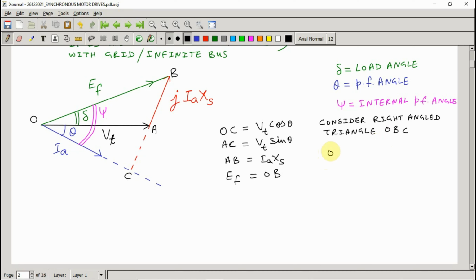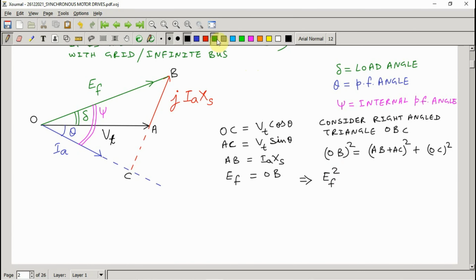Then we can write OB square, that means the hypotenuse square, equals the perpendicular square, that means (AB plus AC) whole square, plus the base, that means OC square. It is not a difficult task to substitute the line segments. Line segment OB means the excitation voltage per phase, that is EF. So this is EF square.